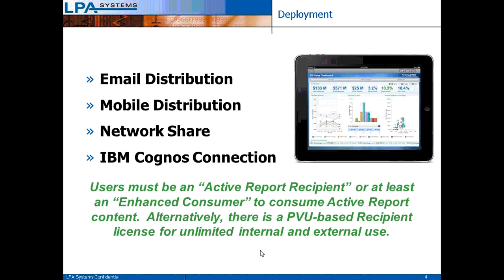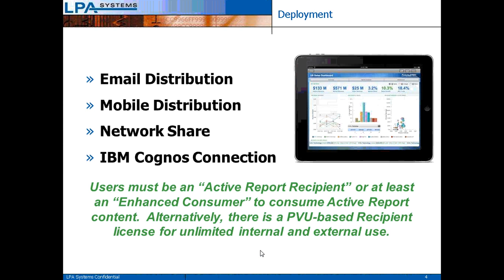The native iPad application supports email distribution such that when a user is sent a reporting application as an attachment to the email, the file will be associated with the IBM Cognos mobile iPad app and can be directly launched into the environment. The output will then be saved within the application for offline consumption.